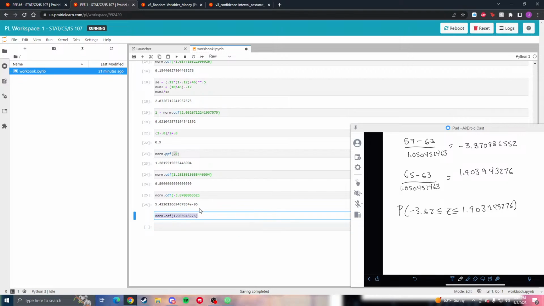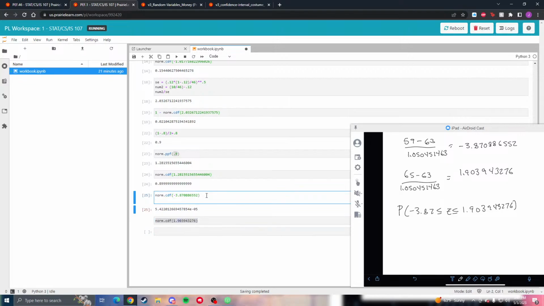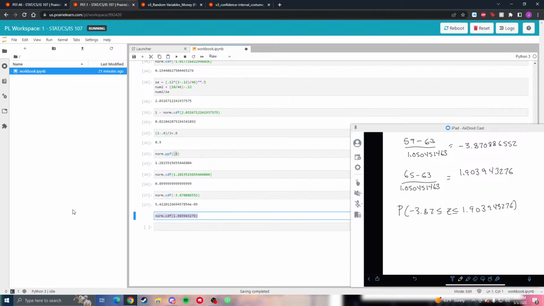And so the area to the left of that one is 97%.